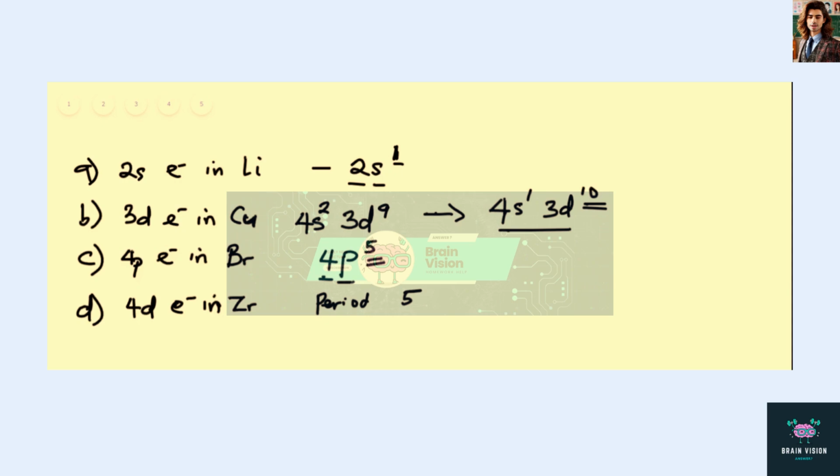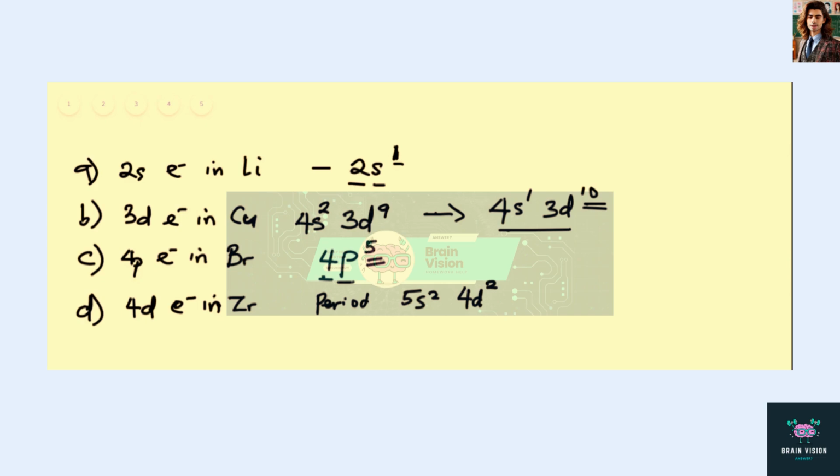So it's the second one. So we'll have 5s2 being filled, and that 5s2 will stop at strontium, and then you'll have D1 and then D2. But this is going to be 4d1 and then 4d2, and that will give us the configuration for zirconium.